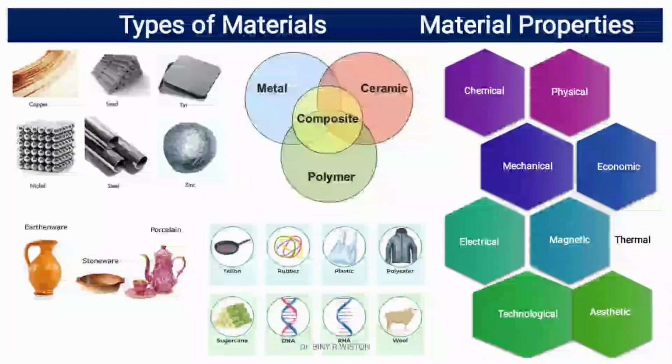Material properties can be categorized as physical properties, which include color, density, melting point, size, shape, surface finishing, damping capacity, specific gravity, porosity and structure.